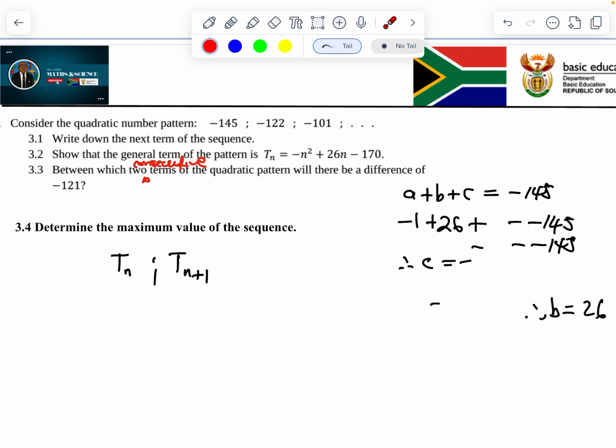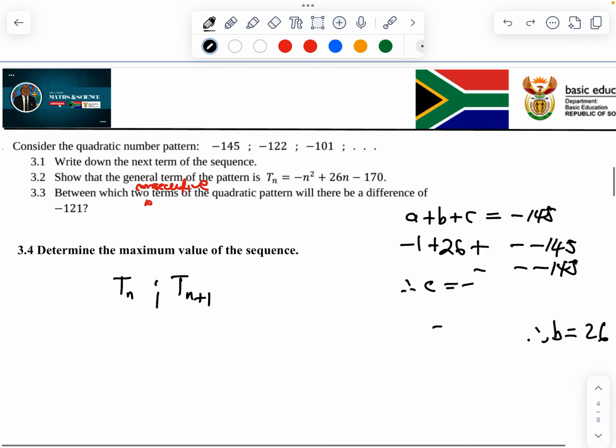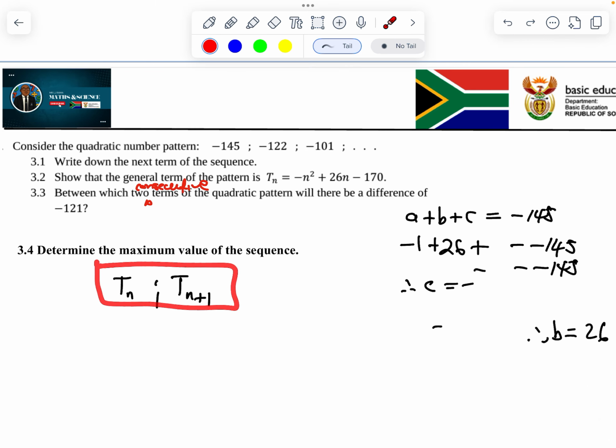All right, so now I'll say Tn, okay, let me write it in black, because now we know this is how you can write consecutive terms.